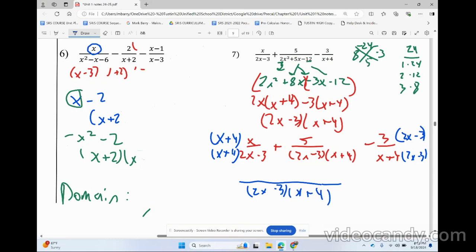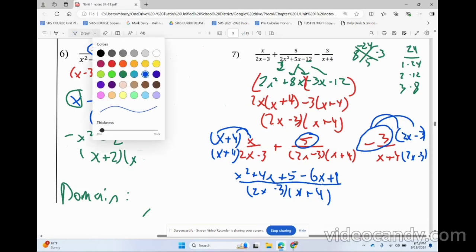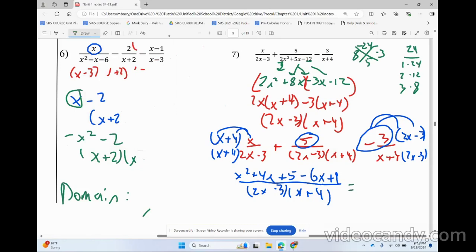And then in the numerator, I'm going to distribute in here, so that's going to be x squared plus 4x. This one is just 5, nothing to distribute there. We didn't really multiply. And this one I need to distribute a -3. So it's going to be -6x plus 9. And then lastly, we'll just combine like terms in that numerator for our final answer, which is going to be, let's see, what do we got?